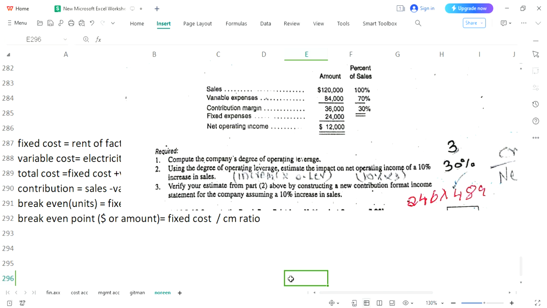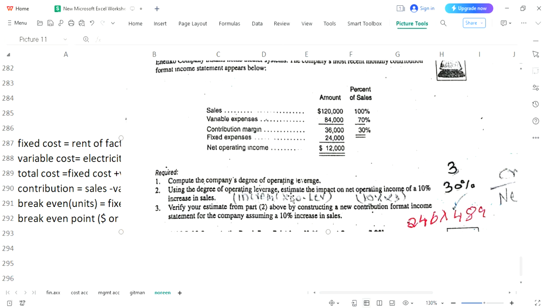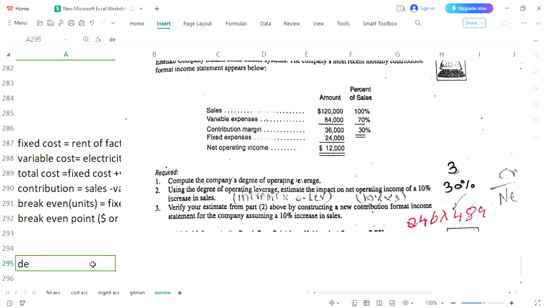Then we saw margin of safety in the previous question, and now we are on degree of operating leverage. This is the new concept. How do you calculate it? You know how to calculate contribution margin.